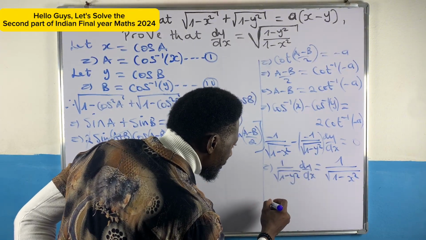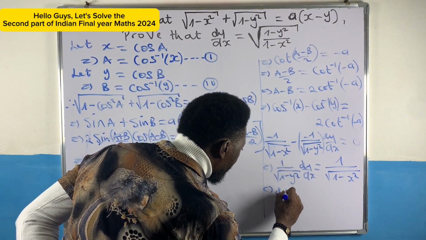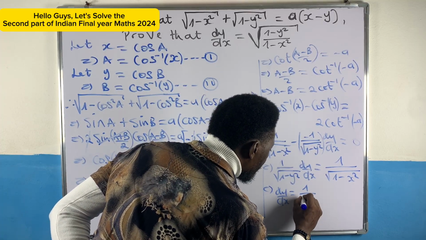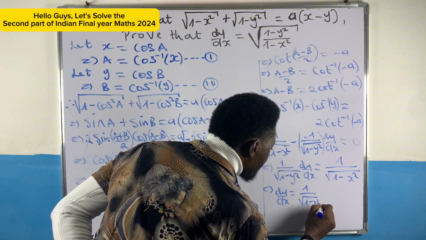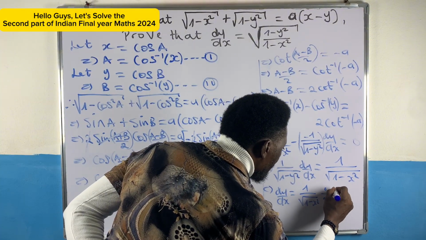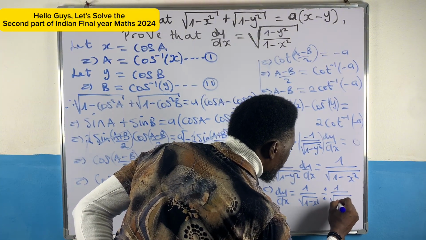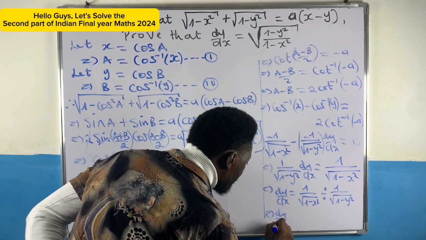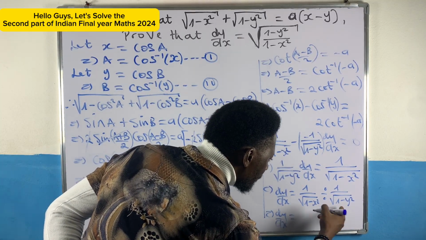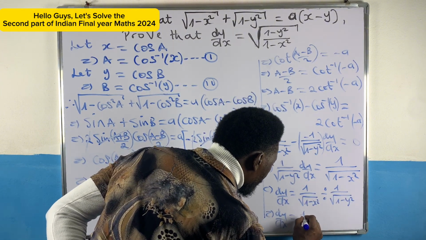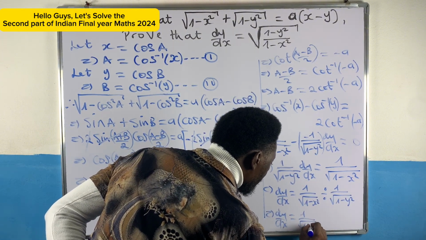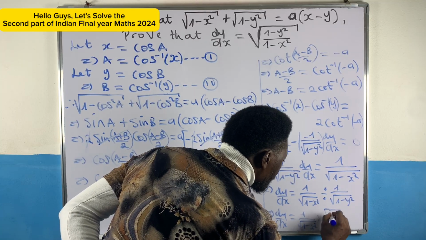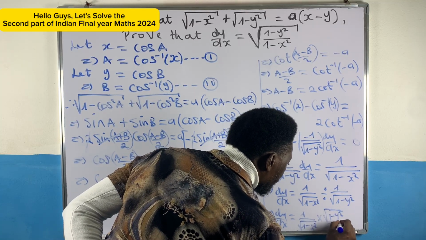So from here, I can get dy dx. This implies my dy on dx should be equal to 1 all over the root of 1 minus x squared, divided by 1 on the root of 1 minus y squared, which I can say my dy on dx is equal to, when I invert, 1 on the root of 1 minus x squared times the root of 1 minus y squared all on 1.